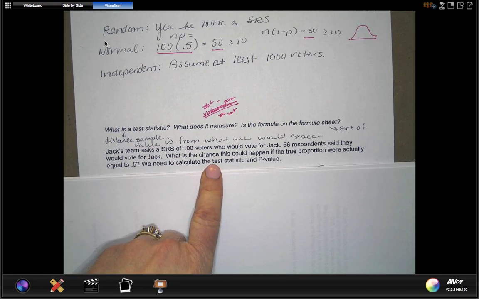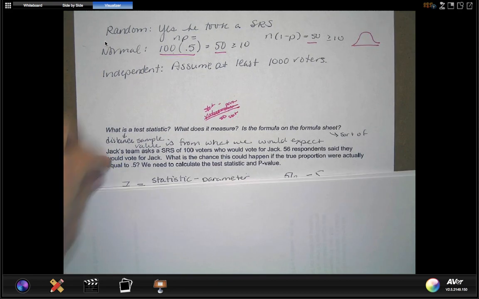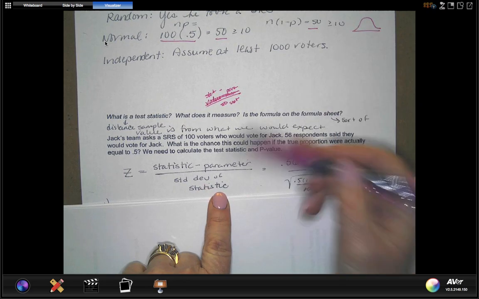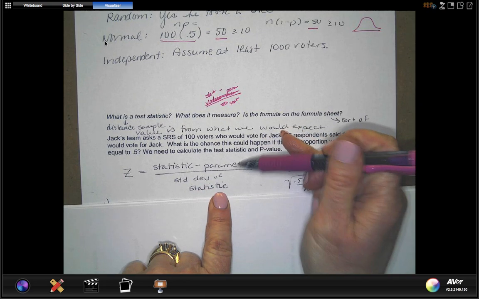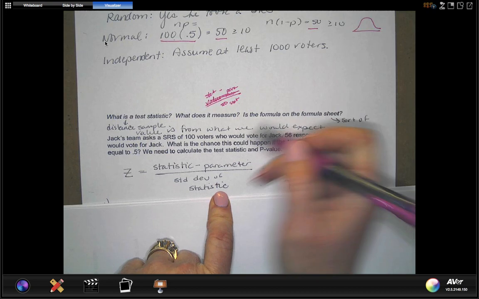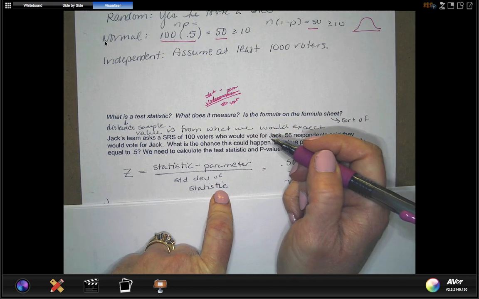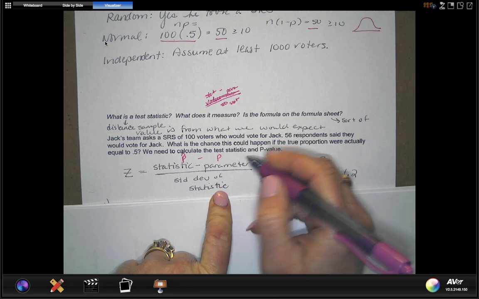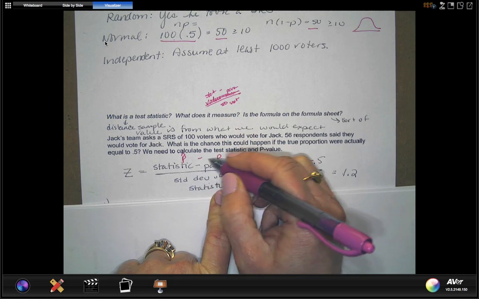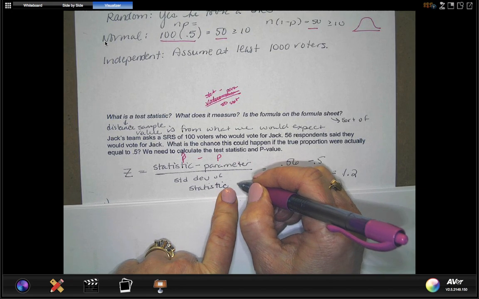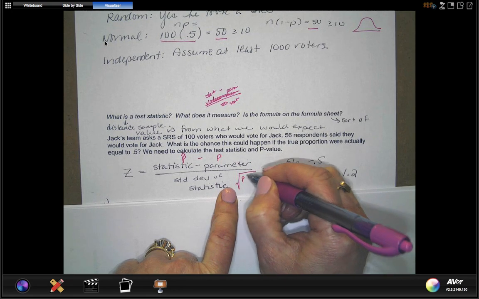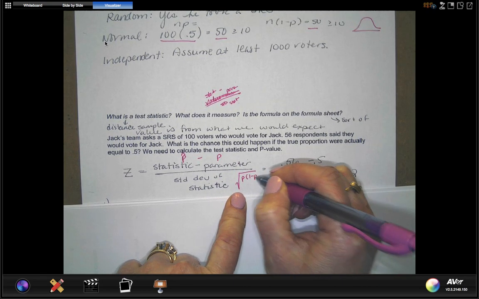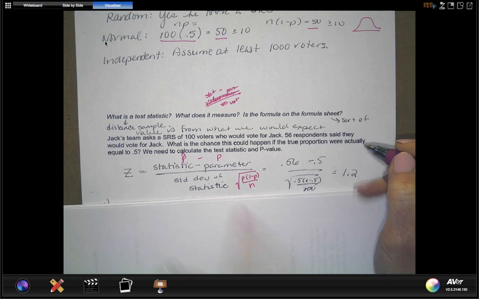So back to Jack here. So again, the formula, the generic version that's on the formula sheet looks like the statistic minus the parameter divided by the standard deviation of the statistic. So if I am talking about p hat, the statistic is p hat, the parameter is p, the standard deviation of the statistic is the square root of p times 1 minus p over n.